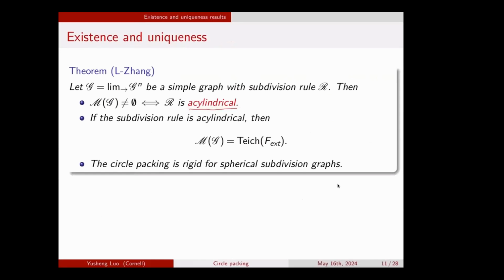And the second part tells about the rigidity of such circle packings. So assuming that the subdivision rule is asymmetrical, then the corresponding moduli space is isomorphic to the Teichmüller space of the external face.